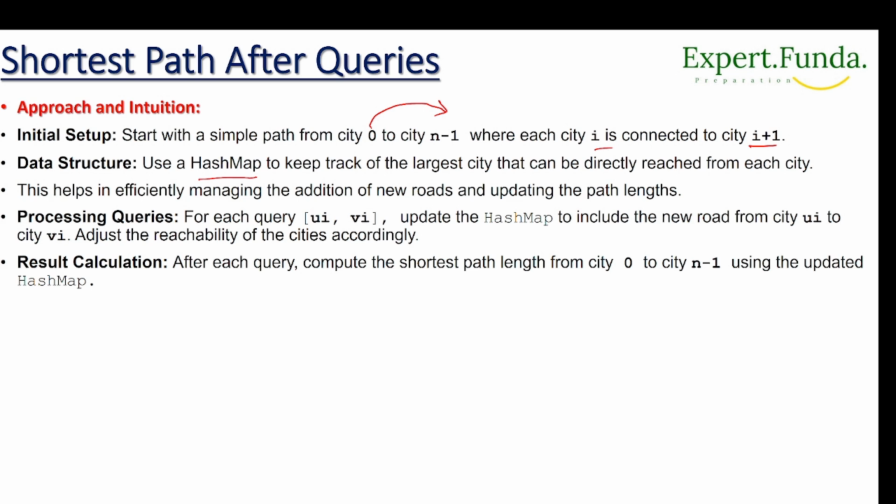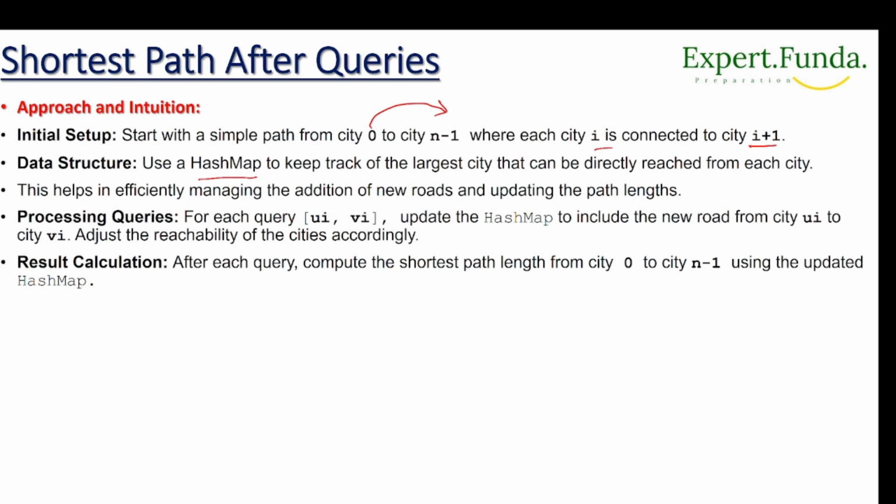We will keep track of the largest city we can directly reach from each city, using a HashMap, and that will help you add new roads and update the path length. So how will we process the queries?